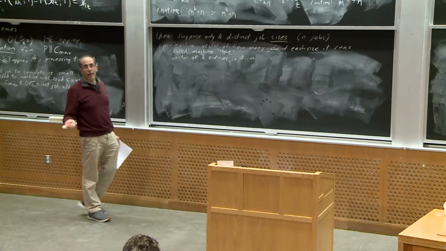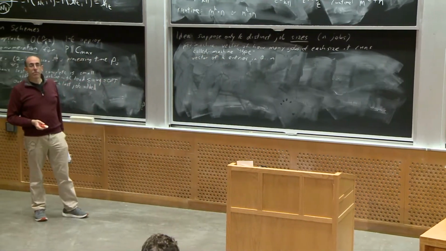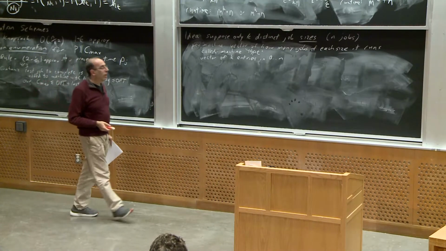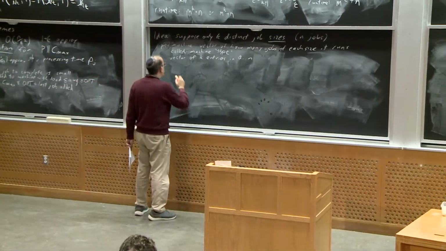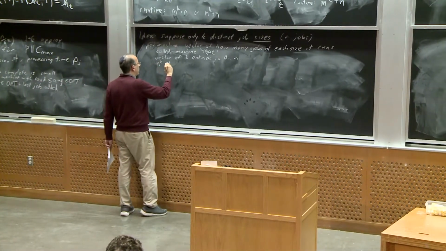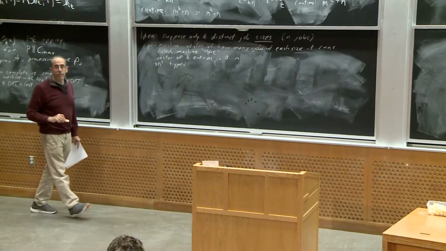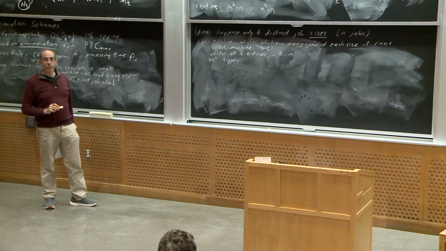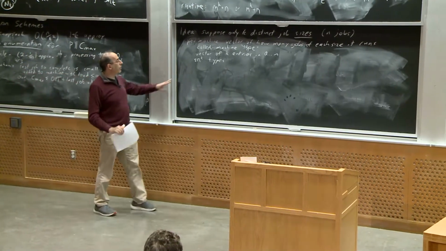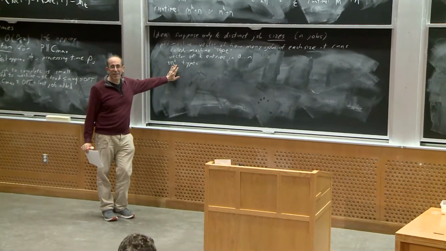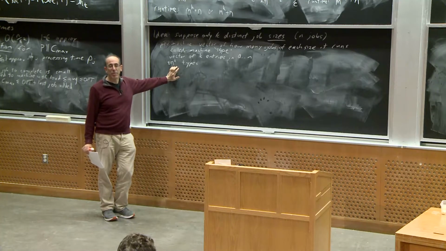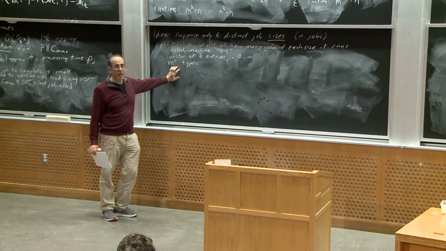How many jobs of that type you're running, okay? And that means that there are n to the k at most types, right? So what's nice about this is that if that k is constant, this is a polynomial, right? Polynomial number of possible machine types.